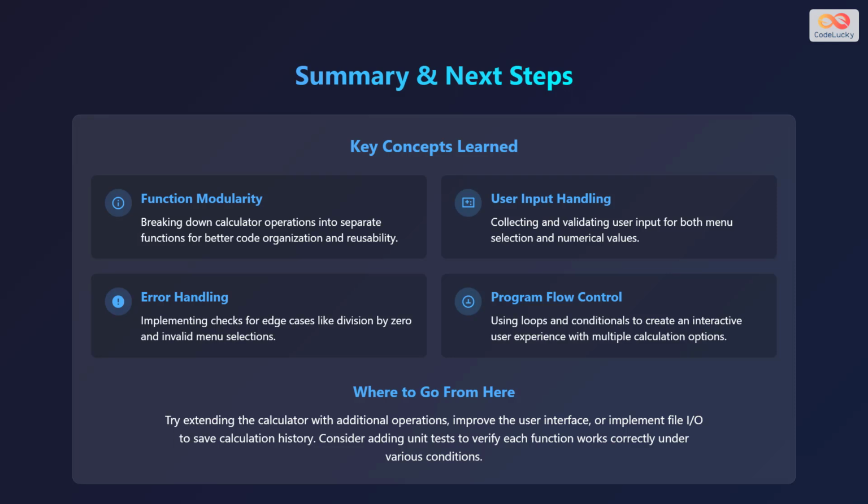We've gained insights into using loops and conditionals to create an interactive user experience with multiple calculation options. Try extending the calculator with additional operations, improve the user interface, or implement file input-output to save calculation history. Consider adding unit tests to verify each function works correctly under various conditions.